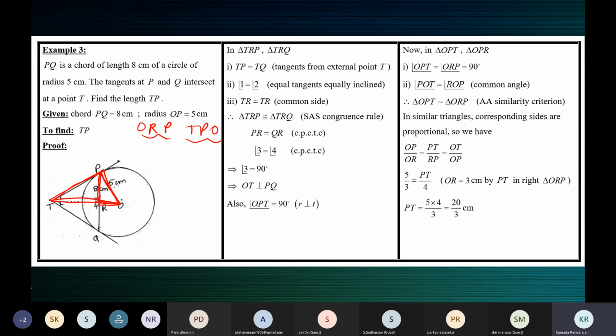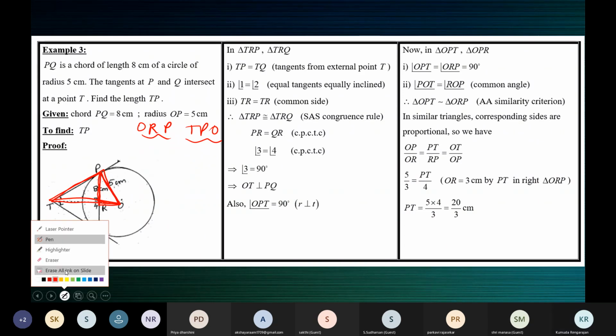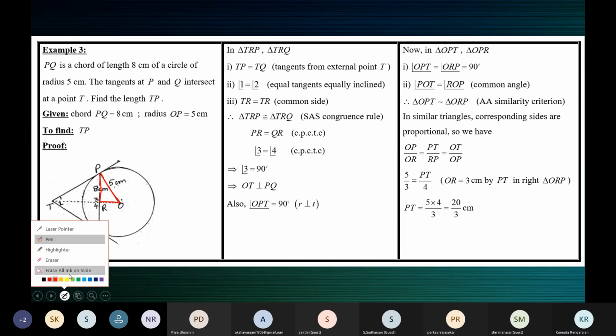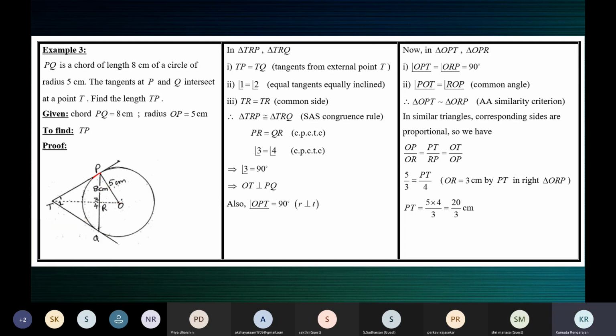Let me show you again. Show that this small triangle is similar to this whole triangle, that is, show that ORP and OPT are similar to each other. But OPT is a right triangle, children.